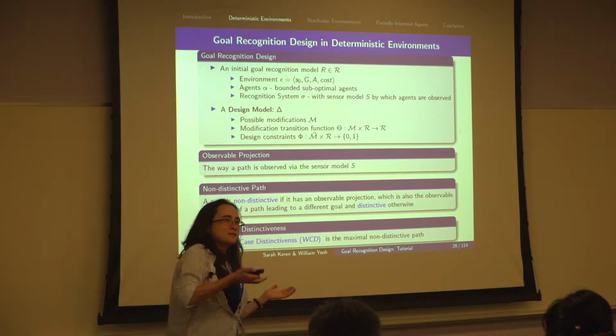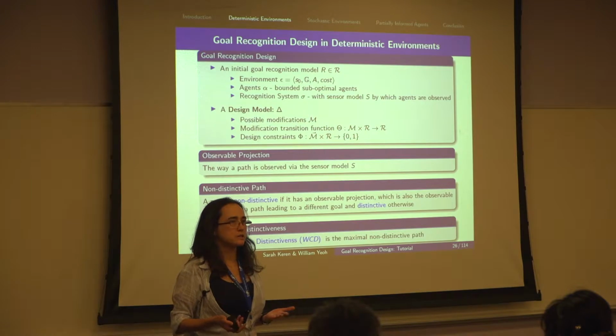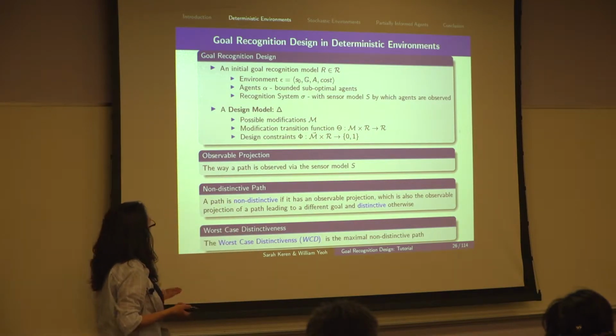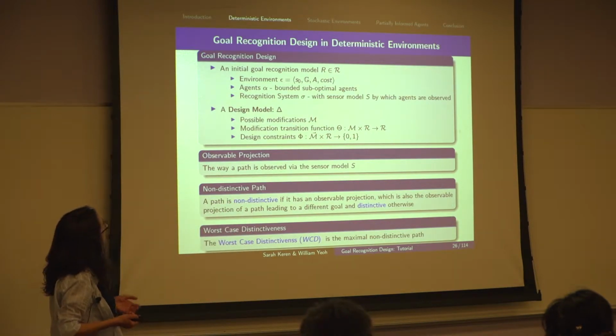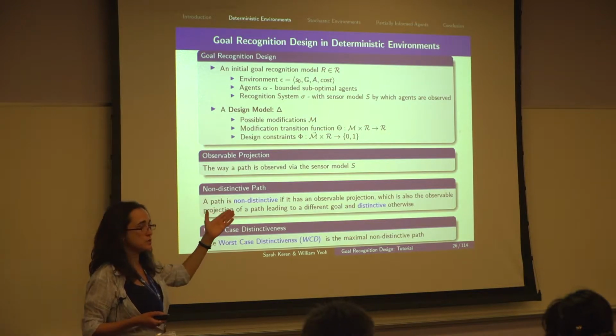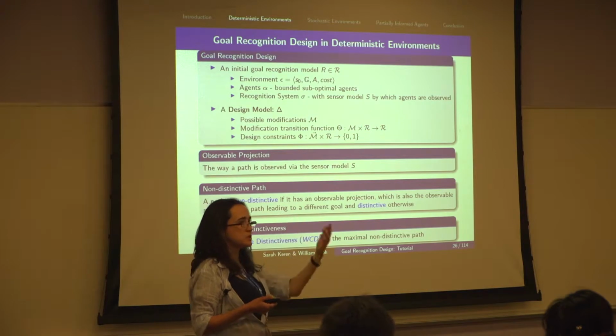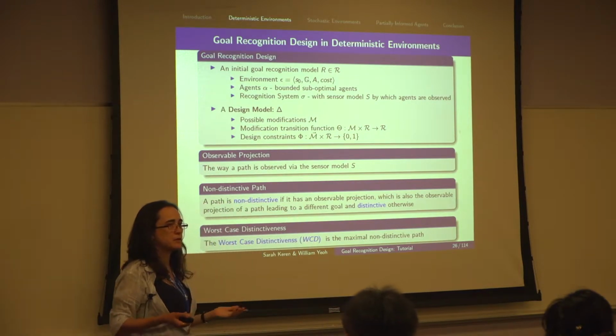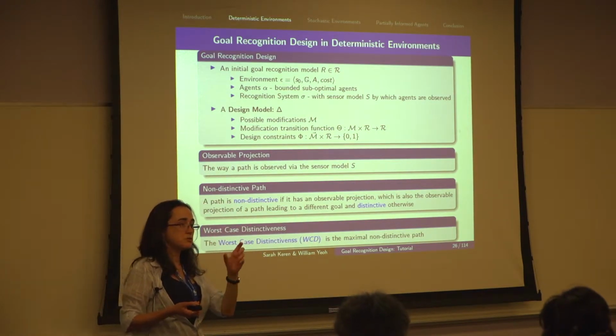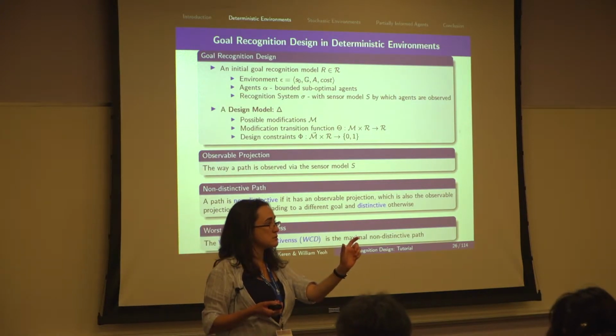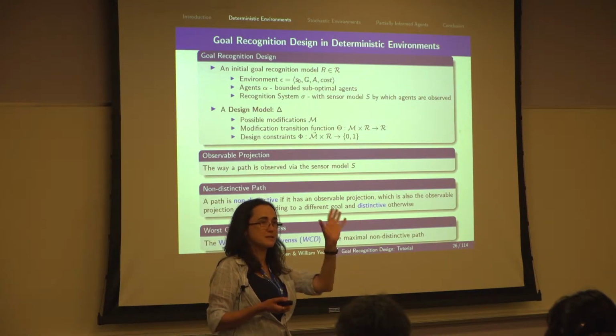How does this translate into our world? So the goal recognition design problem is defined as using an initial goal recognition model, where we have an environment, which is defined as a planning environment in which agents act. But as opposed to planning, we have several goals. Remember that, right? The planning problem has a single goal condition.